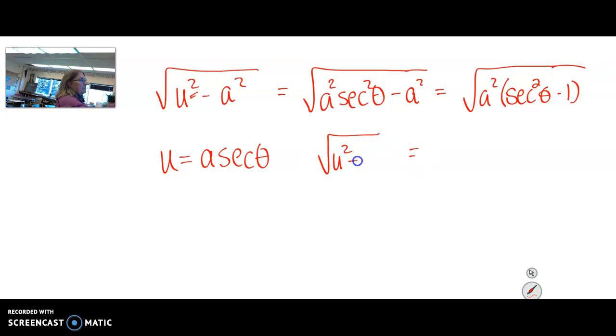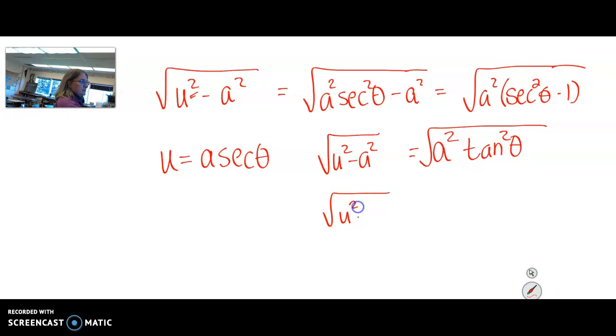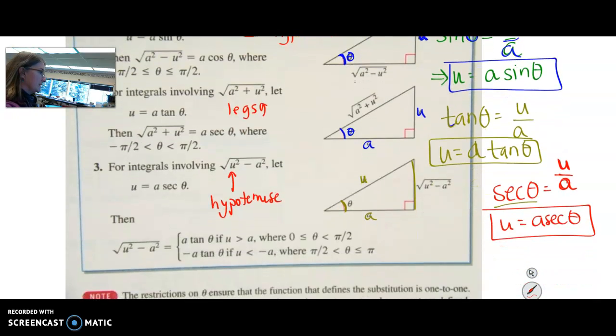Secant squared theta minus 1 is equivalent to tangent squared theta by the Pythagorean identities. So you're going to use this substitution, a secant of theta for u, when you see the square root of u squared minus a squared. So this is an intro of what the substitution values will be, and then in the next video we will do some examples on how to use this.